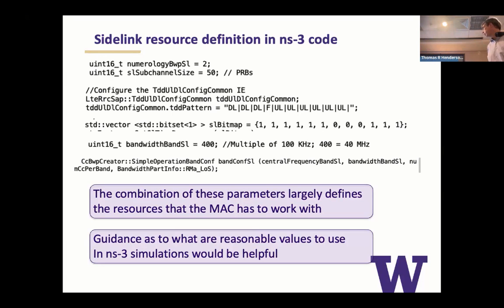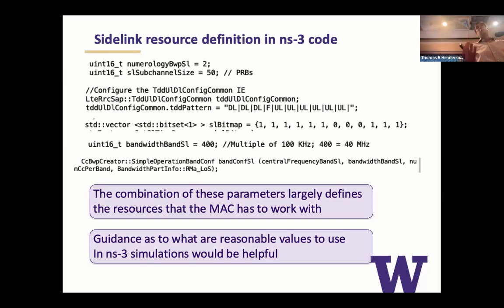And then there's something called a component carrier bandwidth part creator that basically takes all of these parameters like the central frequency, the bandwidth of the band, the number of component carriers, and this is passed into the channel configuration, and then configures the underlying physical resources according to this kind of parameterization. So it's really the combination of these parameters that defines the resources that the MAC has to work with.